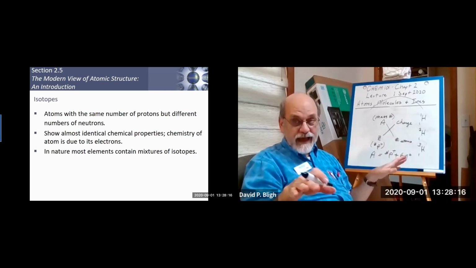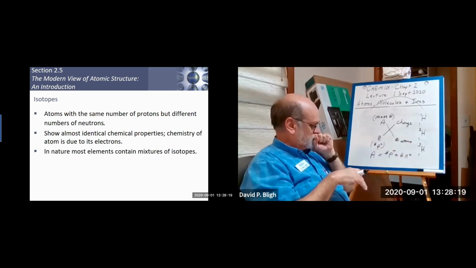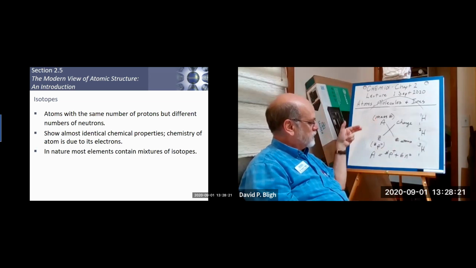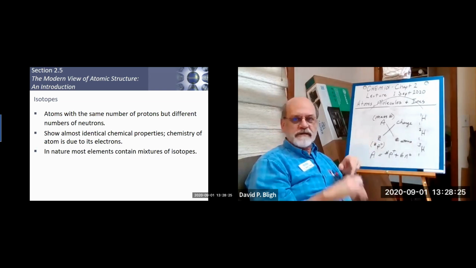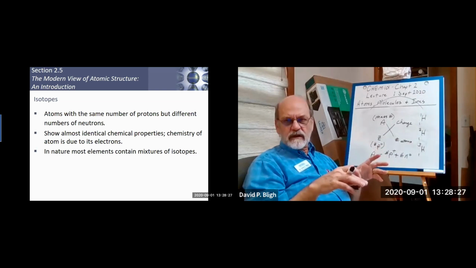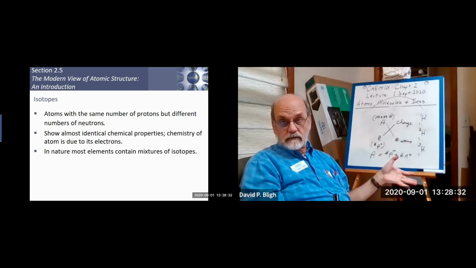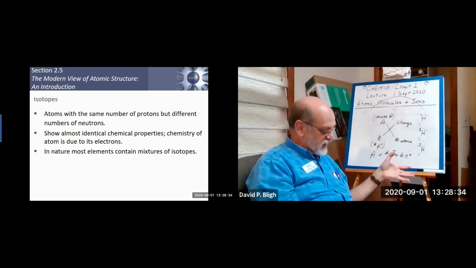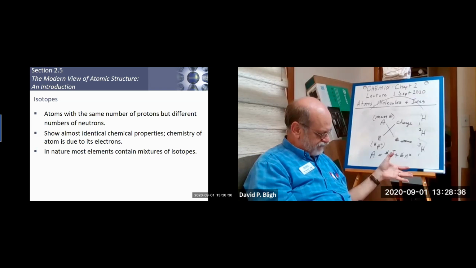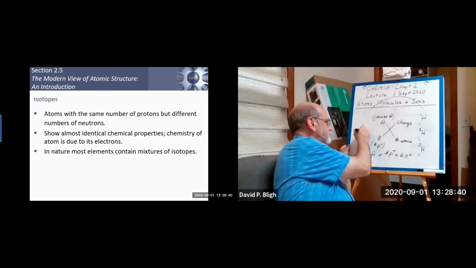You can do that with any element. If you're given this one and that one, you can find out the number of neutrons. Or if it says, all right, this element has 5 neutrons, and let's say the element is boron.